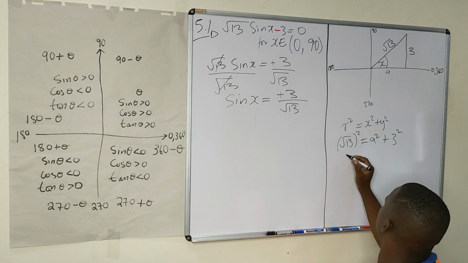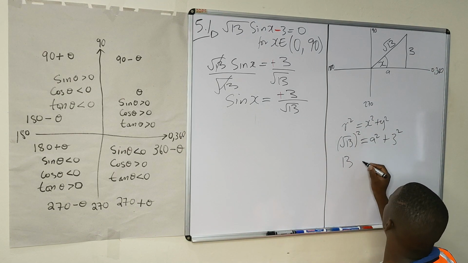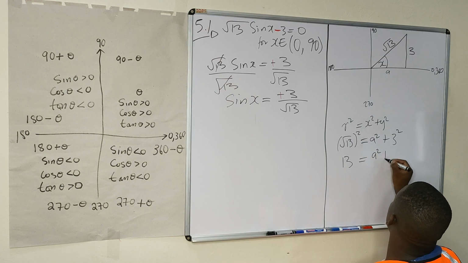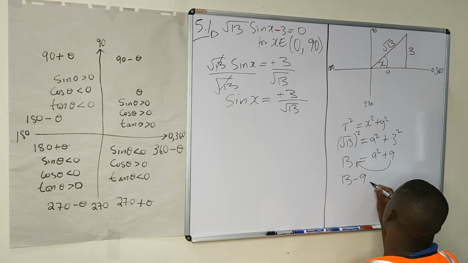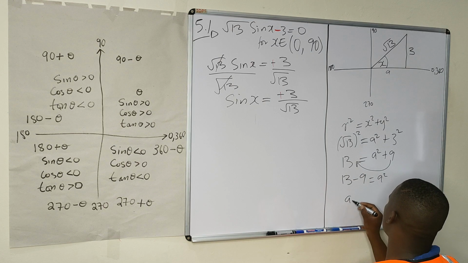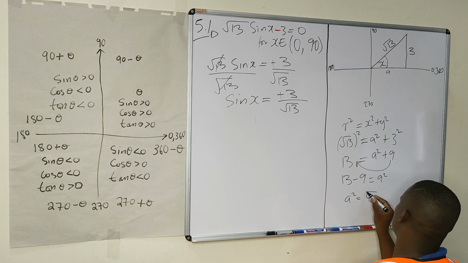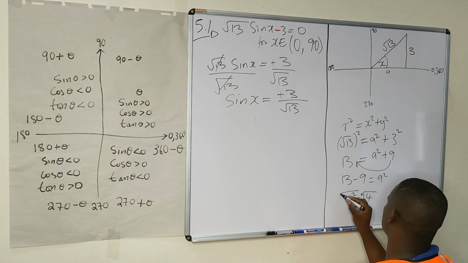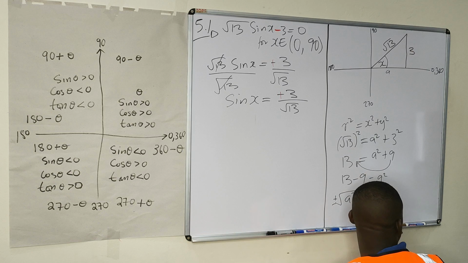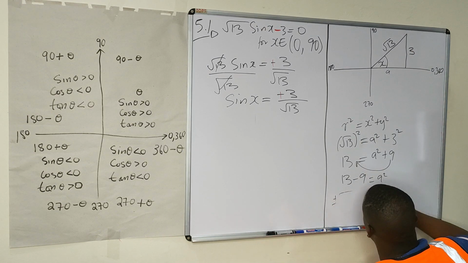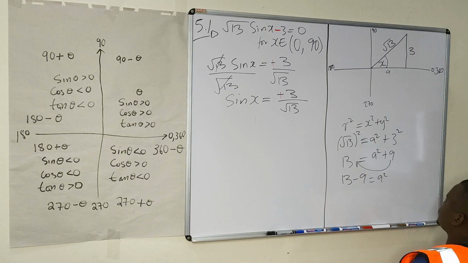So what do you have now? 13 is equal to a squared plus 9. Transpose the 9: 13 minus 9 is equal to a squared, so a squared is equal to 4. Square root, plus or minus. I don't like this. Let me clean this.